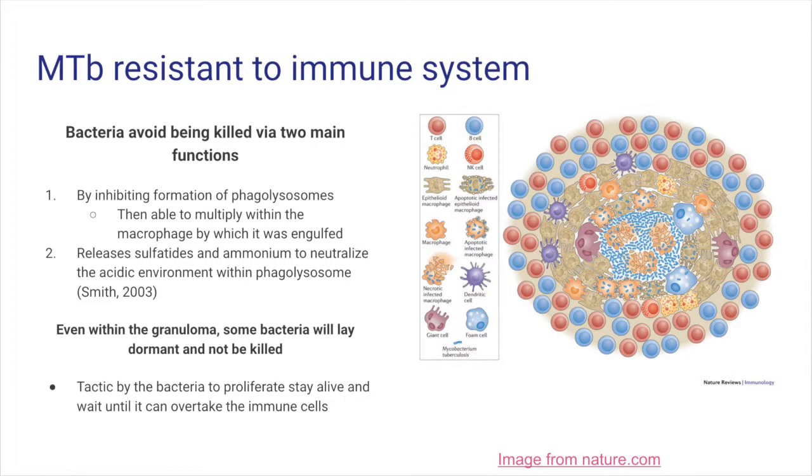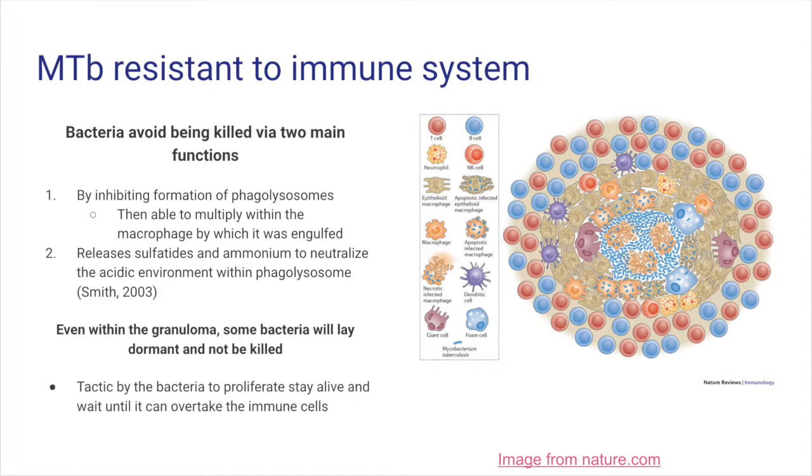The phagolysosomes, again, introduce that acidic environment, and if that acidic environment is not there, these bacteria are actually able to multiply. Even if that granuloma is formed around them, it actually gives them an environment that is warm, that has nutrients, and actually can proliferate to the point of bursting within that granuloma. So they try to inhibit the formation of the phagolysosome.